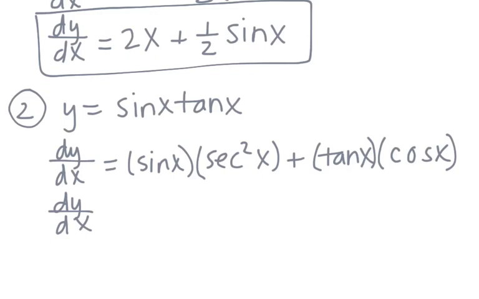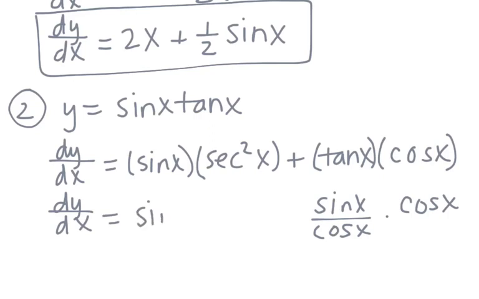Okay, and now we're going to clean up if we can. Alright, so secant squared is 1 over cosine squared, so that's not going to simplify at all with sine. However, looking at this second pair being multiplied, tangent is sine over cosine, and if we're multiplying that by cosine, we can definitely clean that up a little bit.